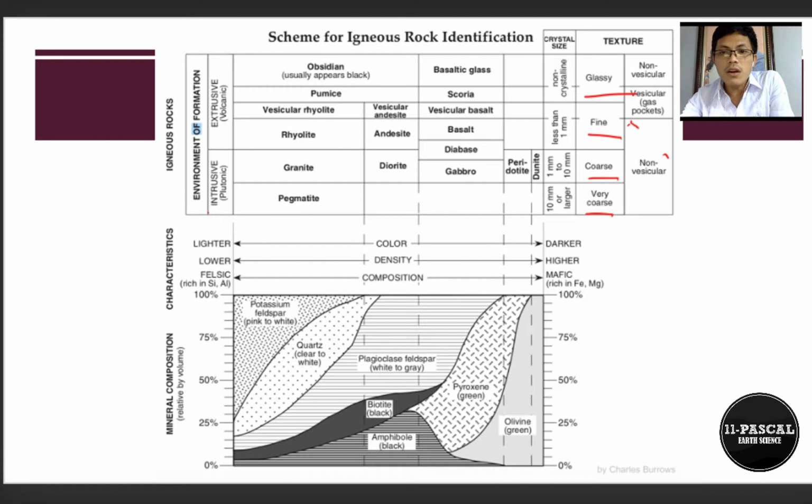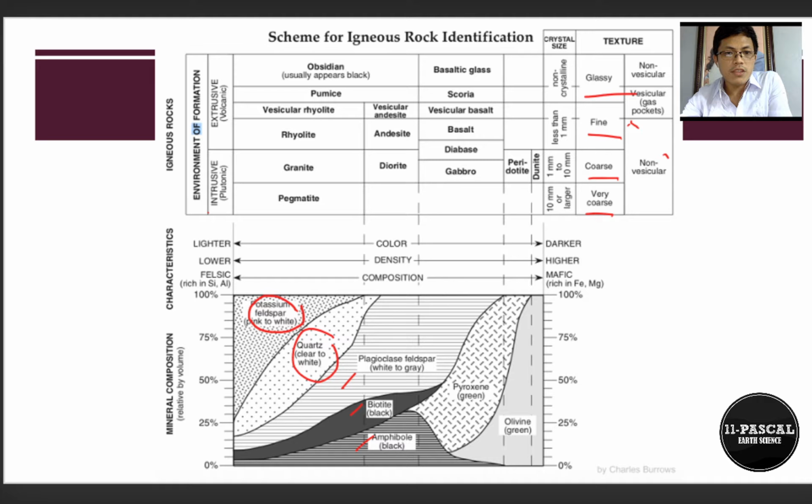Okay, they all belong to the felsic, based on compositions. So if you're going to look at it, they are mostly composed of potassium feldspar, quartz, amphibole, and biotite and plagioclase feldspar. That's why their color is lighter.